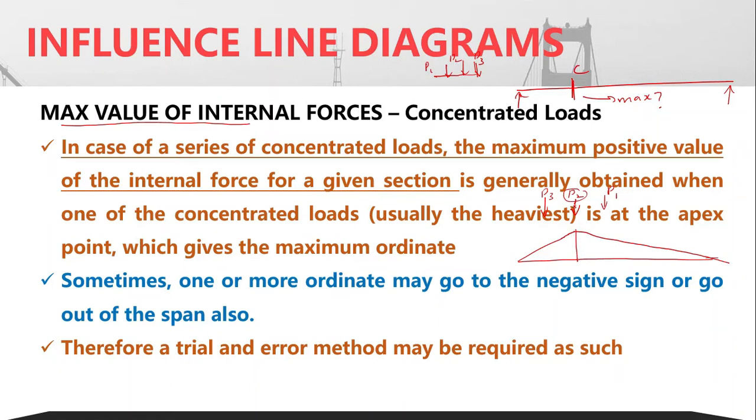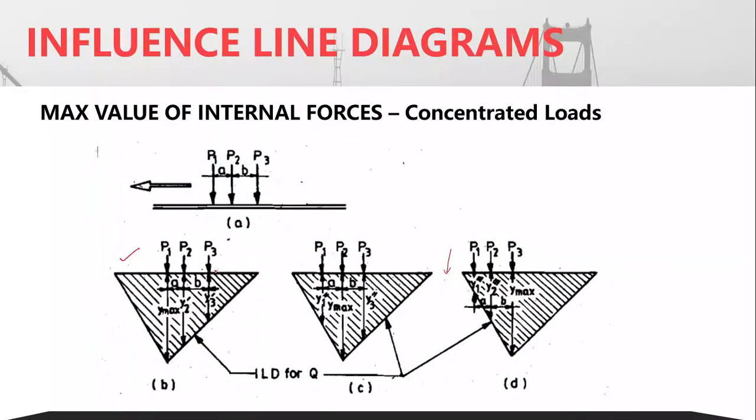I'll show you a figure here. You can see there is a train of loads here, and this is the ILD for Q, where Q in this case may be, for example, bending moment. So I have P1 multiplied by this Y max, then P2 multiplied by its corresponding ordinate, and P3 multiplied by its corresponding ordinate. Sometimes we can get the maximum value directly. If load P1 is very large compared to P2 and P3, then simply place P1 on top of this ordinate and we get the maximum value of bending moment at a particular section.